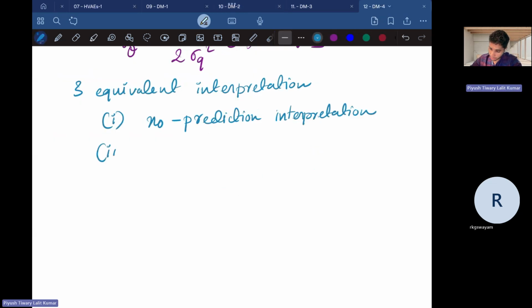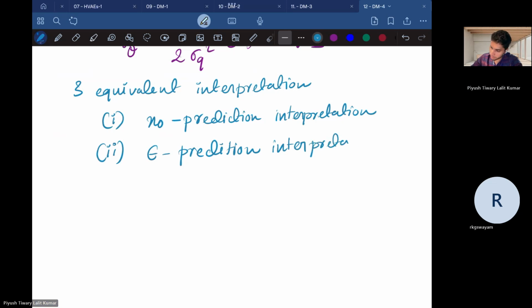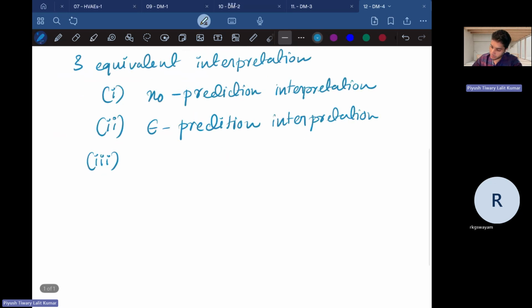There is another interpretation here, which is the epsilon prediction interpretation, which we will see. And there is another one, which will lead us to the next module of our course, which is score prediction.